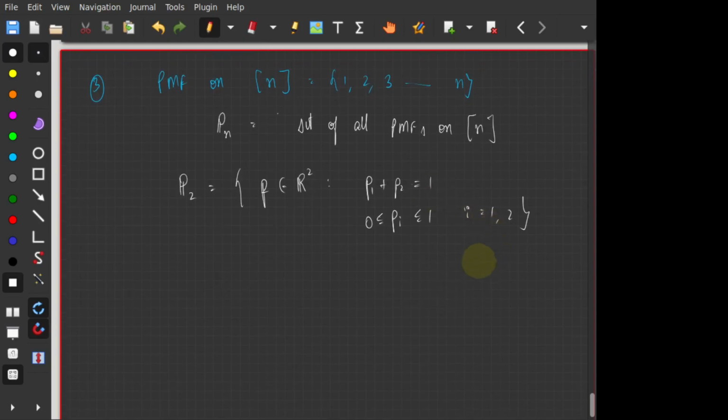So in R2, what does this set look like? Join 0, 1. So this is my e1, e2. Basically this set.